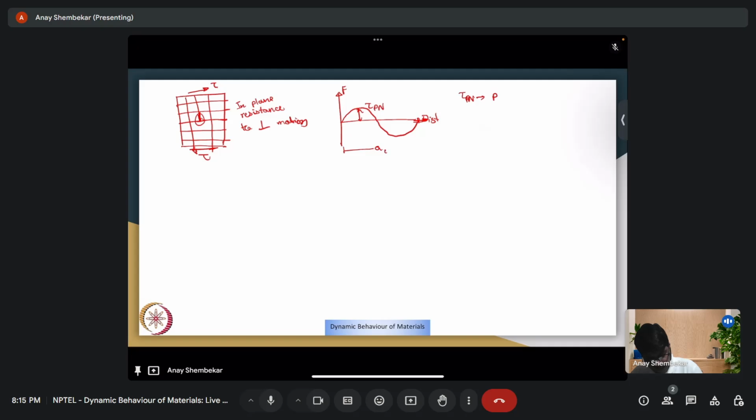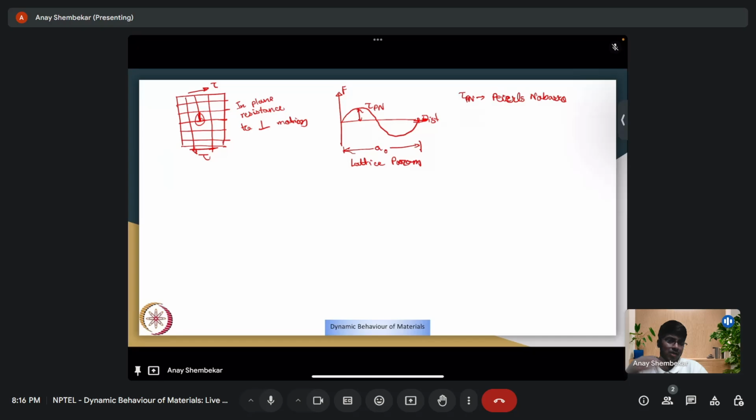This is a naught, which is the lattice parameter. Tau pn refers to the Peierls-Nabarro stress, and what this is, as the shear stress basically tries to move the dislocation forward from one equilibrium to another, which is why the lattice parameter a naught is shown here.